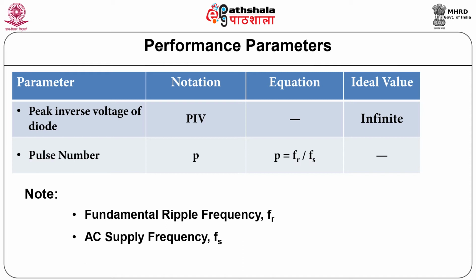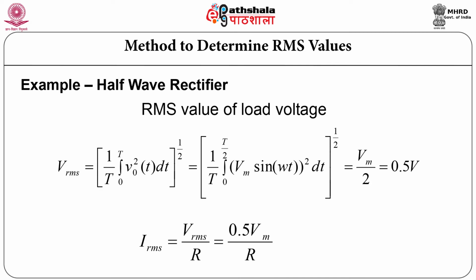Now, to determine these rectifier parameters, first we should determine the RMS and DC voltages. First, we will see how to determine the RMS voltage. For example, we will take the example of a half wave rectifier. From the output waveform, one can determine the RMS of the load voltage as follows.